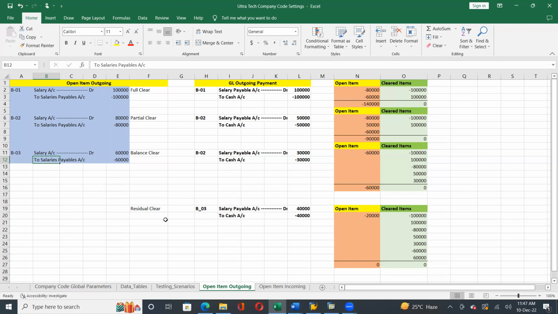Now we are in December, around 10th December, but we have not paid last month's salary. So will it be an expense or a liability? Liability, outstanding liability.